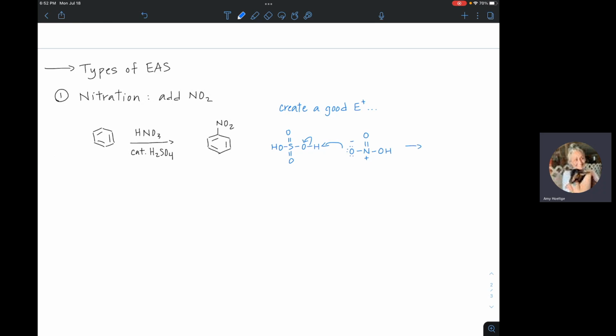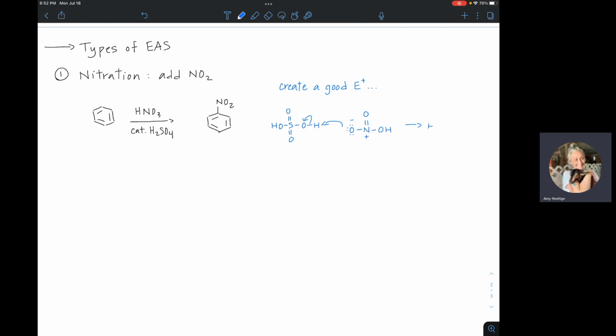So what we're going to get is HSO4 minus, your conjugate base of the sulfuric acid, plus you're going to get this, which quickly can attack itself to create a good leaving group.